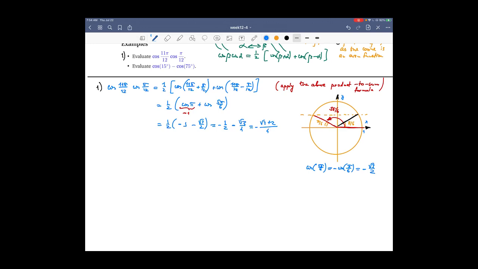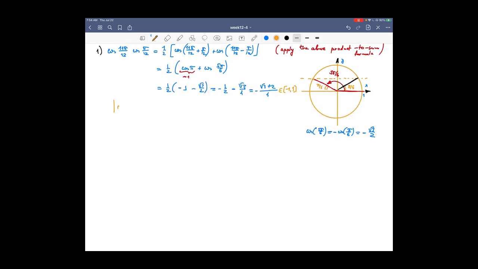Okay. Note that, by the way, this number is by absolute value less than or equal to 1, because it's a product of two numbers, each by absolute value less than 1. And indeed, you can check this number belongs to the interval negative 1, 1.